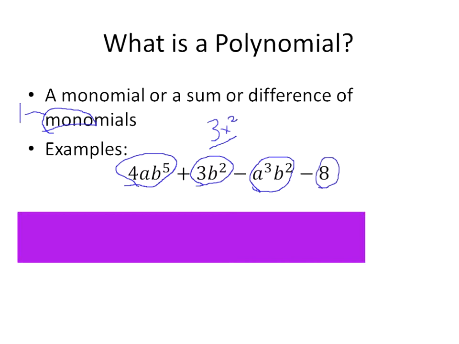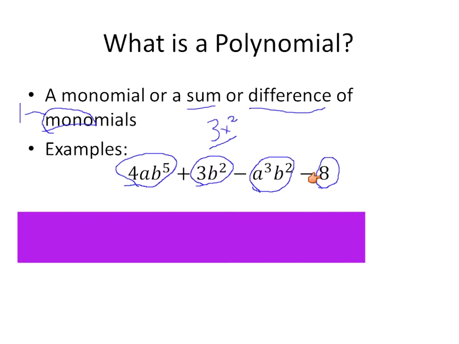And that would also be a monomial. Now, as we're looking at this, we have a whole bunch of monomials that are being either added, sum, or subtracted, difference. And so we've got the monomial added to another monomial, which subtracts that monomial, which subtracts that monomial.